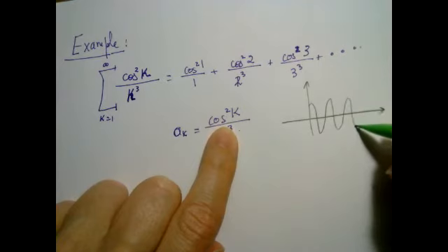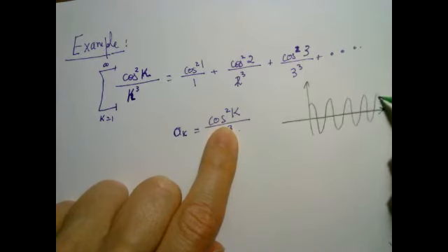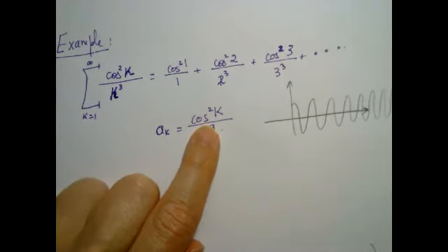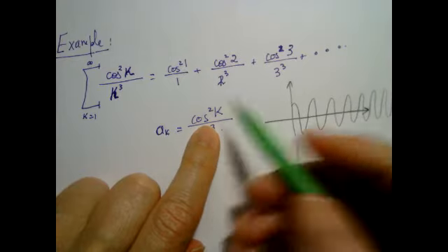Even when k is large, it doesn't get close to anything. It keeps oscillating between -1 and 1. If you take cosine squared, it has almost the same behavior, but squared.